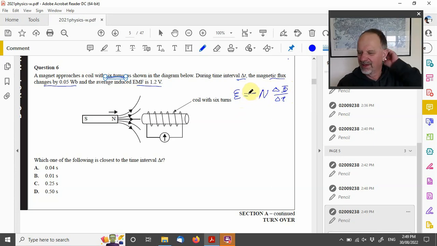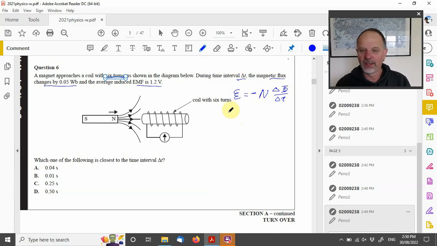We don't really need to worry about the negative, because that just tells us the direction of the induced current, that the EMF is opposite to the change in flux.